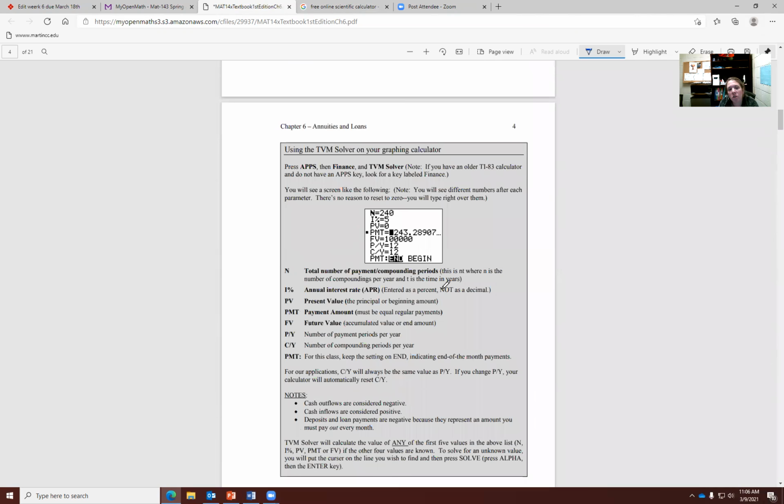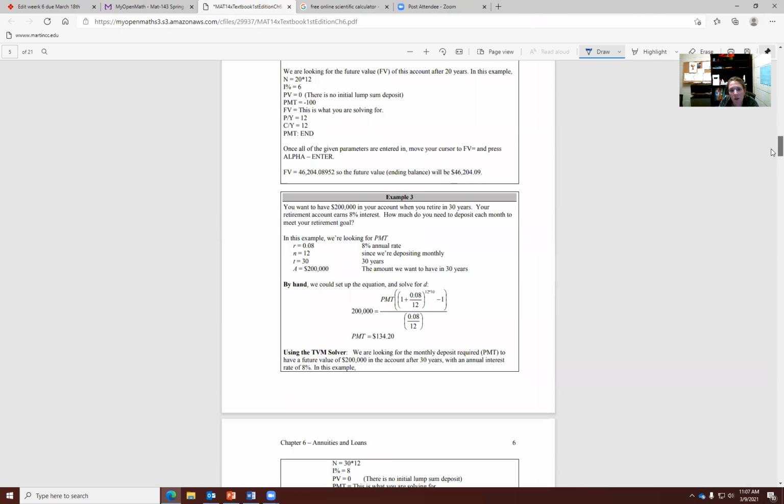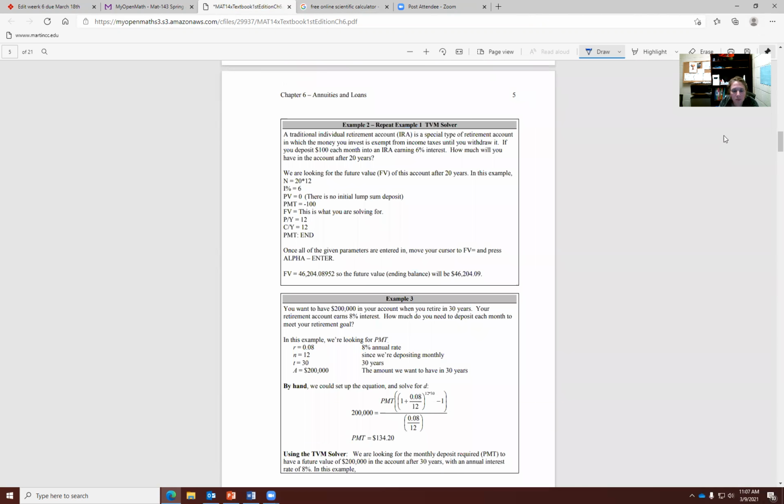Your book also shows you if you have a TI-83, how you can input this in the calculator on that, but I think it's just as easy just to use the regular method. All right, so this is showing you how to use the calculator again. But in this example, we're going to look at the payout method, okay?